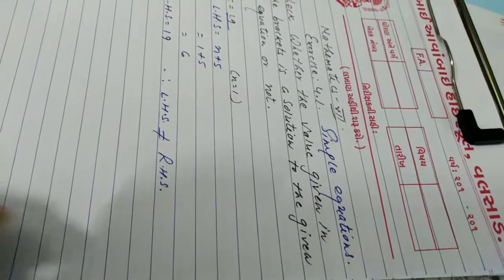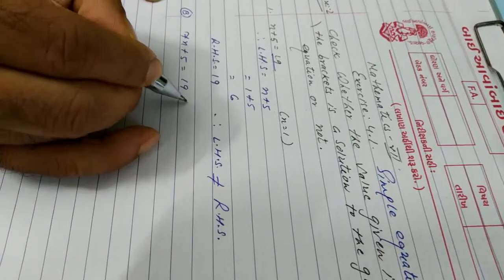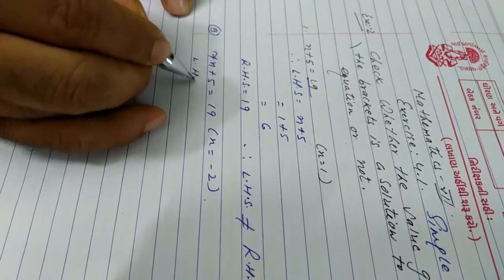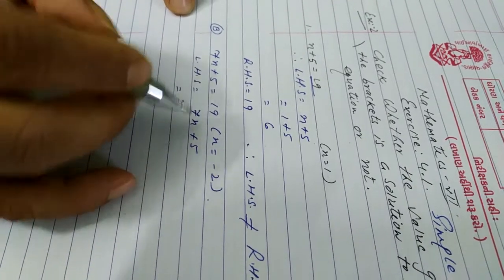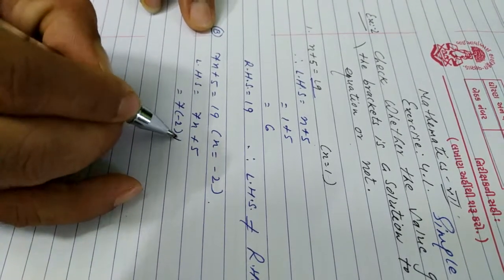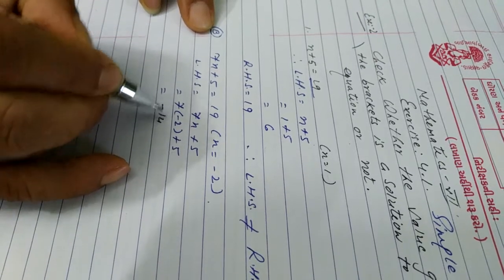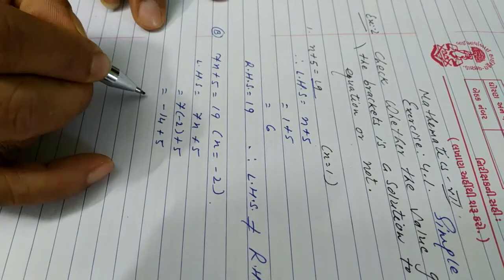The second one, 7n plus 5 is equal to 19 where n is equal to minus 2. Now left hand side is equal to 7n plus 5. Replace n with minus 2, so 7 times minus 2 plus 5. Now 7 twos are 14, and one is in minus, so minus 14 plus 5.